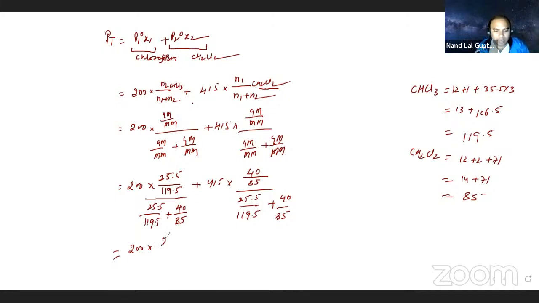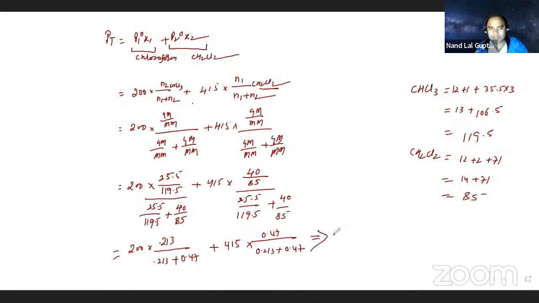It is coming 0.213. Divided by 0.213 plus 40 by 85. 40 by 85 is coming 0.47. Similarly, this will be 0.47 divided by 0.213 plus 0.47.